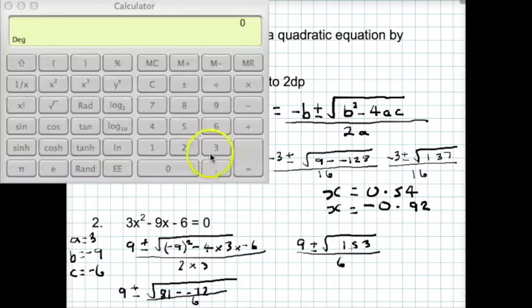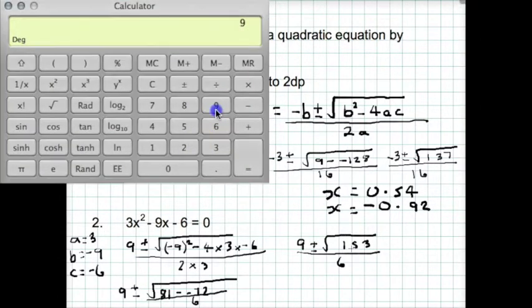So then if we go to our calculator, you've got 9 add the square root of 153, and then divide that by 6. So the first one is going to be 3.56 to 2 decimal places.